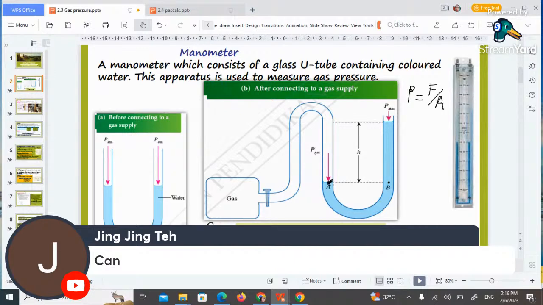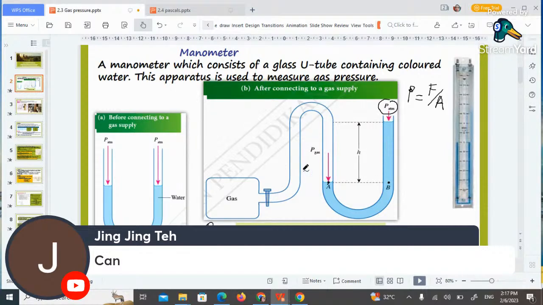Let's say we have two points here at the same level, A and B. Same level, same liquid, same pressure, meaning pressure A equals pressure B. Thus, to determine the pressure of the gas, you just need to find the pressure at B. The pressure at B is caused by what we have above the point. Above the point, we have atmospheric pressure and H of liquid, depending on what type of liquid you use.